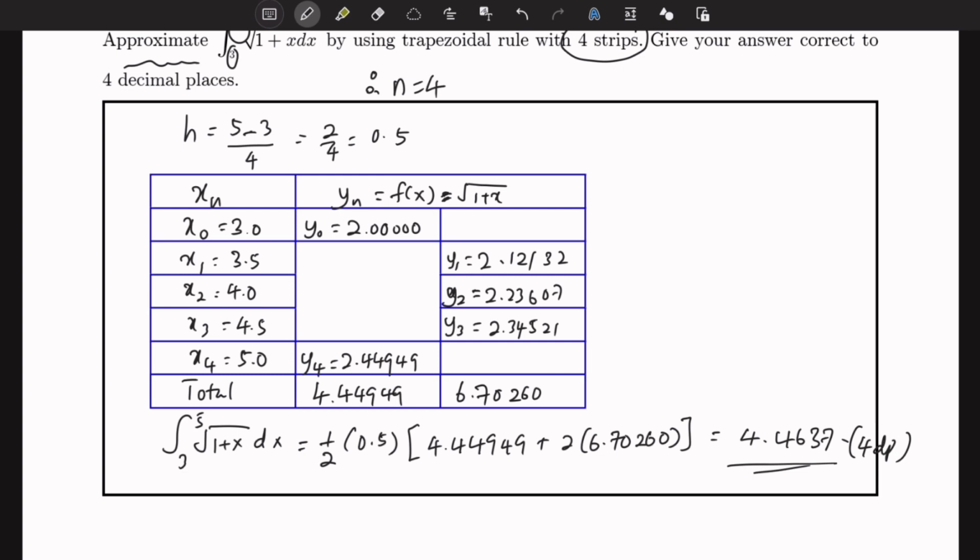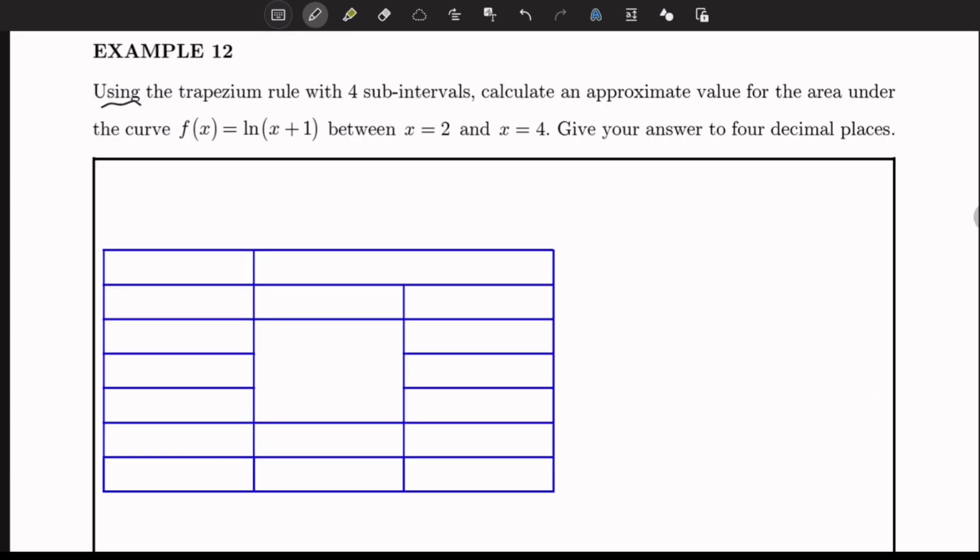So that's your answer. Example 12. Using the trapezium rule with 4 sub-intervals, calculate the approximate value for the area under the curve of f(x) equals ln of x plus 1 between x equal to 2 and x equal to 4. Give your answer to 4 decimal places. So 4 sub-intervals, so n equal to 4.